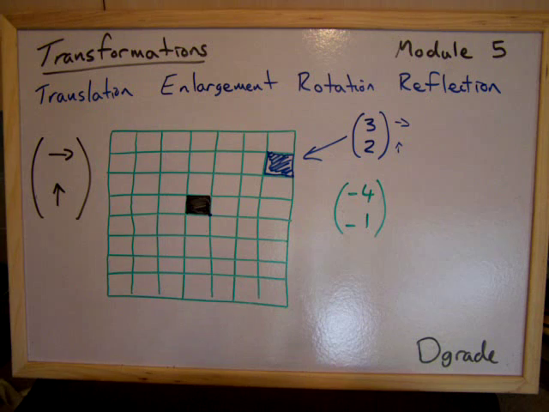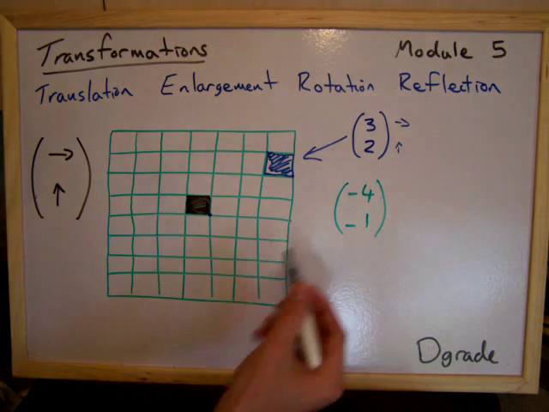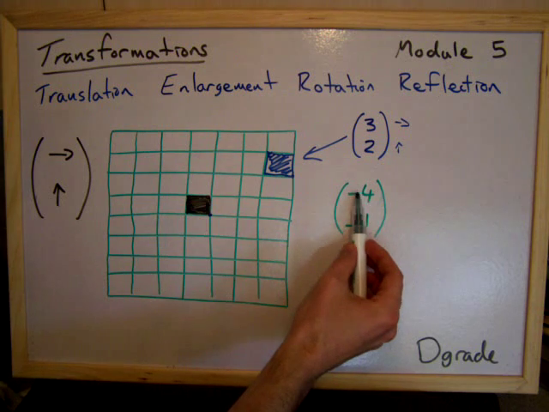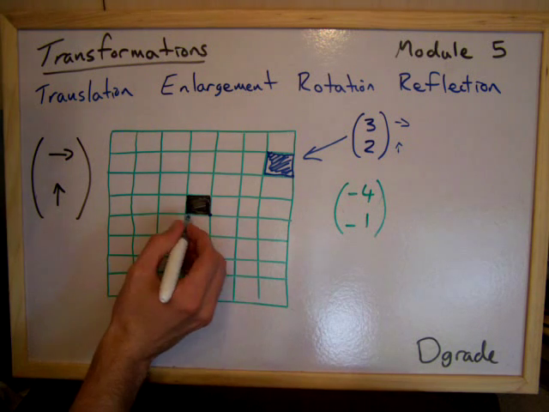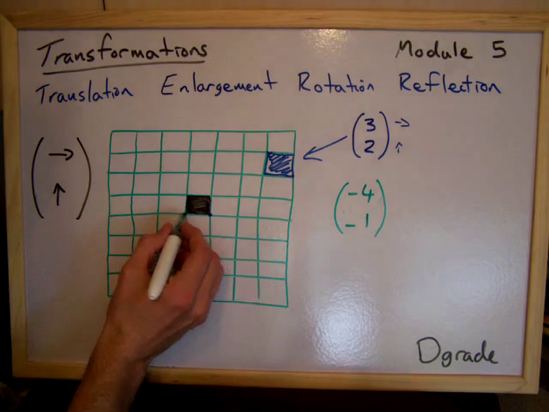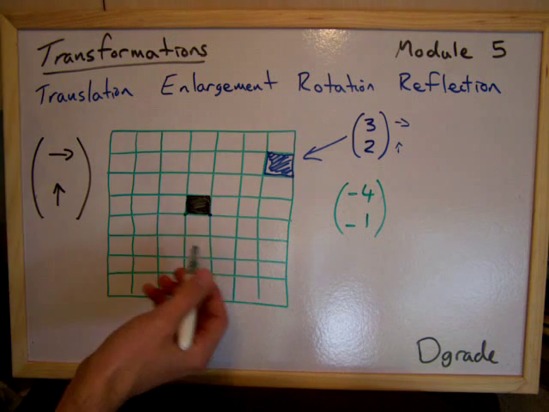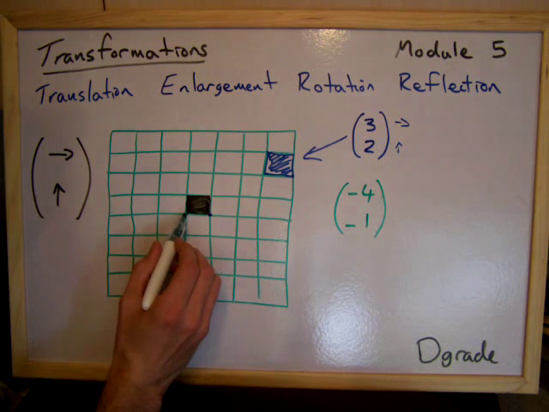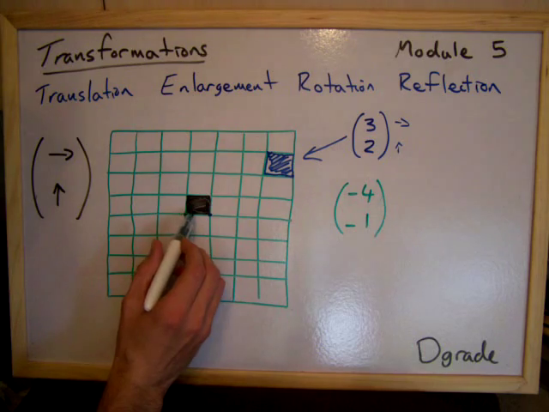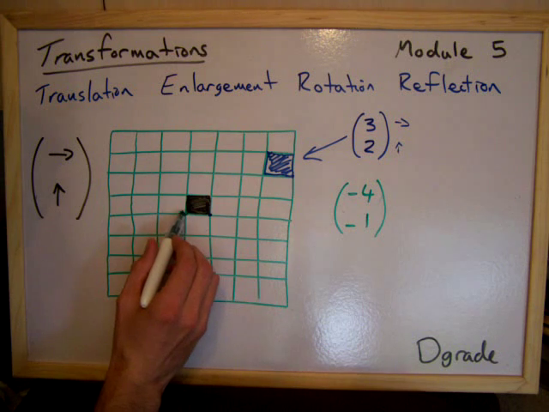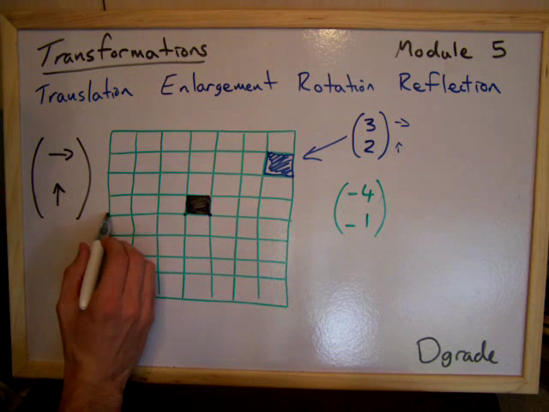On the second one, the green one, just to highlight the fact that if it's negative it goes in the opposite direction. Again, my top number is movement left or right. It's negative, so it's going to go left. So this is going to be 4 back. So if I start with the bottom left hand corner this time, I don't have to, I could have used the same corner. I go 4 to the left, 1, 2, 3.